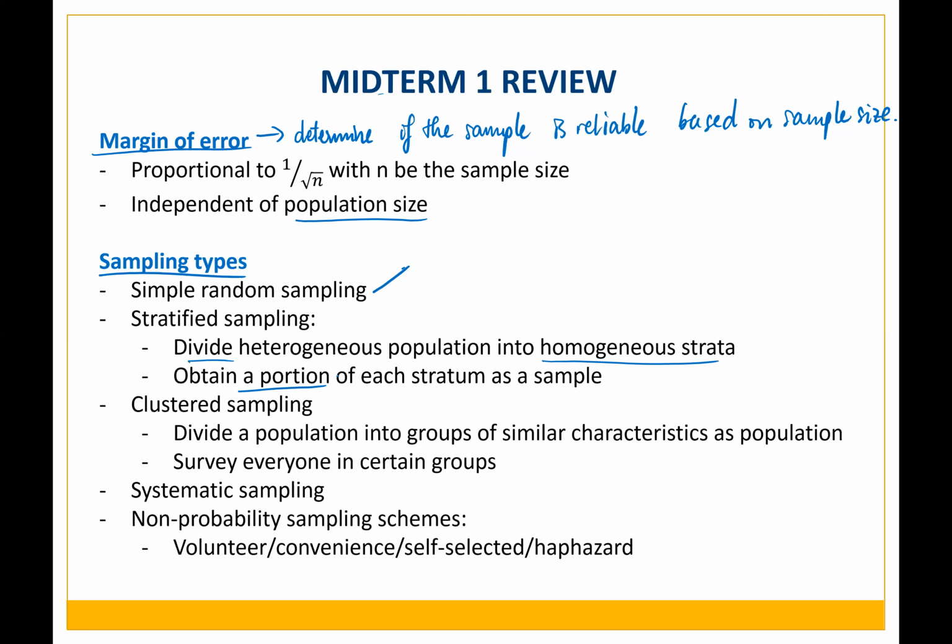And those usually come from volunteer, convenience samples, self-selected, or haphazard samples. So yeah, these are the ones that we try to avoid because you have to deal with a lot of bias and analyze the results later to see if it's reliable or not.